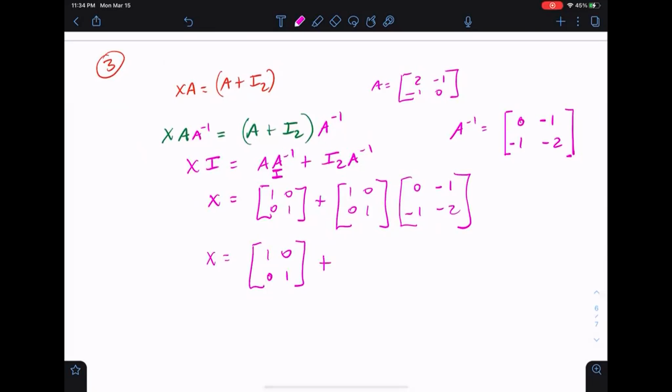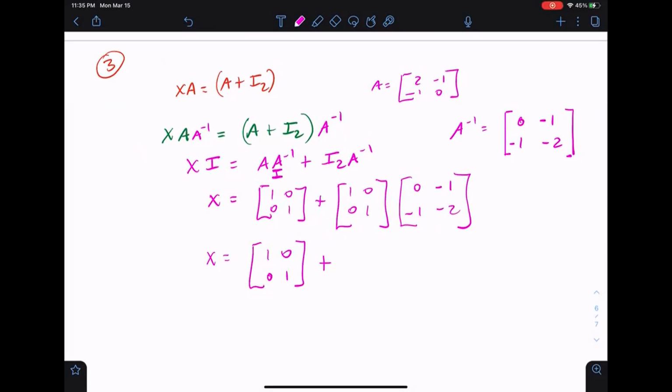And then we compute the identity of a 2 by 2 times the A inverse, which we already calculated. Let me double check that A inverse, just to be 100% sure. One error and everything is wrong. 2, negative 1, negative 1, 0. Second matrix, negative 1. Yeah, that should be right. 0, negative 1, negative 1, negative 2.